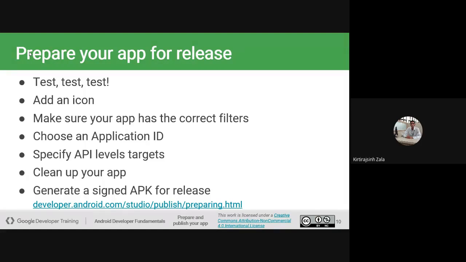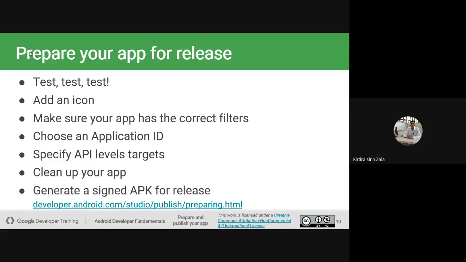Suppose you are making an application, and your application only targets API level 30, say Android 11. Right now, I think only 2 or 4% of users are using Android 11, right? So you can only target 2 or 4% of devices which use Android API level 30.